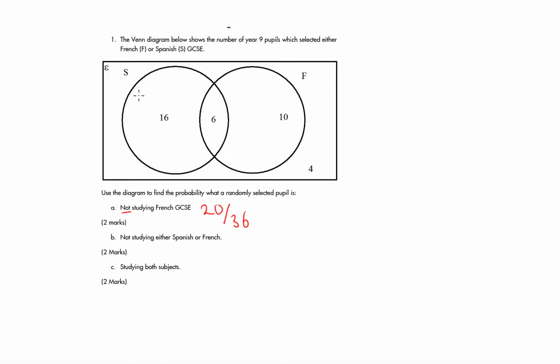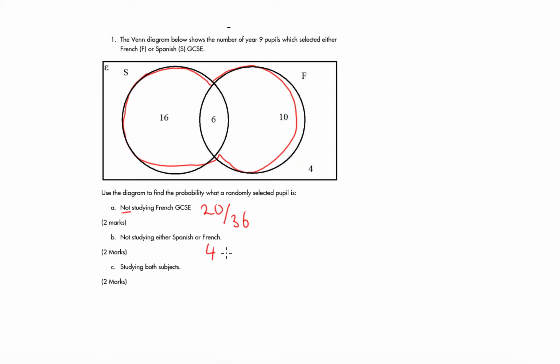Okay, so everybody in this section here studies Spanish or French, right? People here only study Spanish. People here study Spanish and French, and the people here study just French. But everybody in this circle studies Spanish or French. So the people who don't study Spanish or French are the 4 people outside here. So it's everybody outside that figure of 8 thing, this thing here.